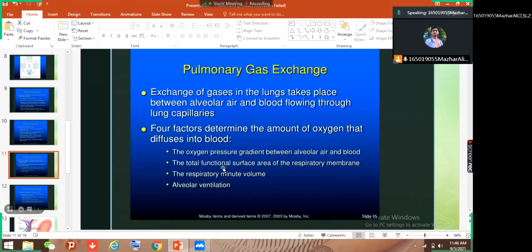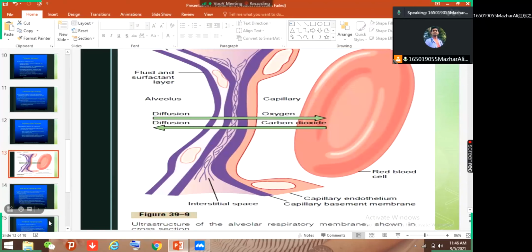Then there is the total functioning surface area of the respiratory membrane. It's also very important, for example in interstitial lung disease or bronchiectasis, or any injury to the respiratory membrane. I will discuss in my next PPT what the respiratory membrane is.